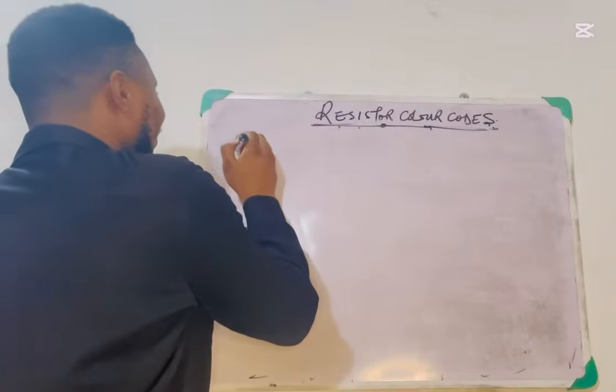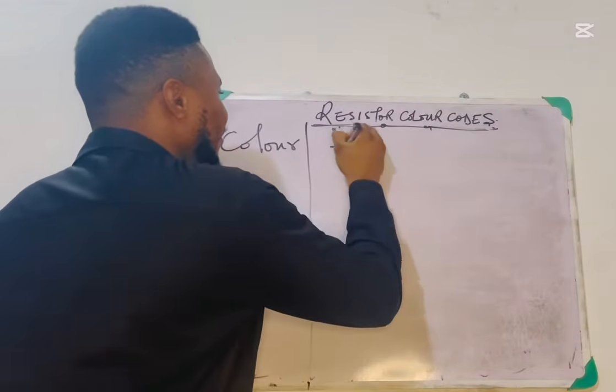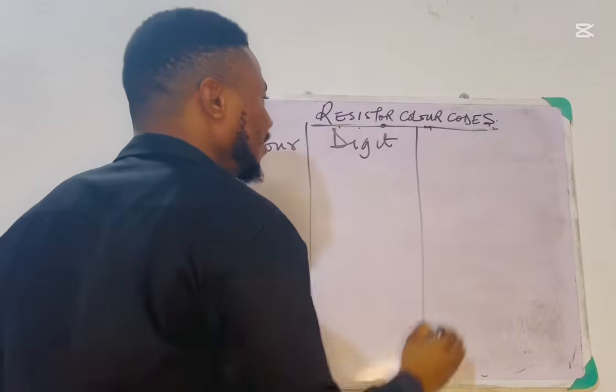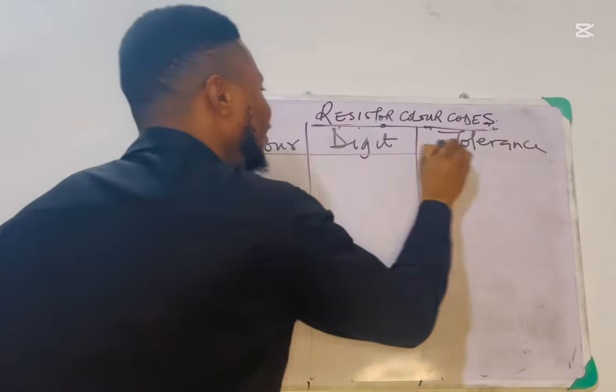So we will say color, digit, and tolerance.